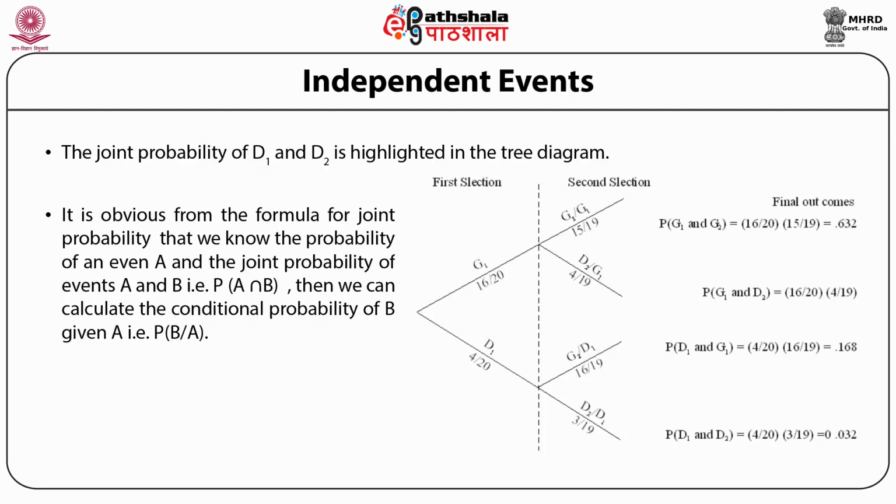Third, probability of D1 and G2. This will be probability of D1 multiplied by probability of G2 when D1 has already occurred. Then probability of D1 and D2: probability D1 multiplied by probability of D2 when D1 has already occurred, like this. So probabilities will be given and the problem is solved.